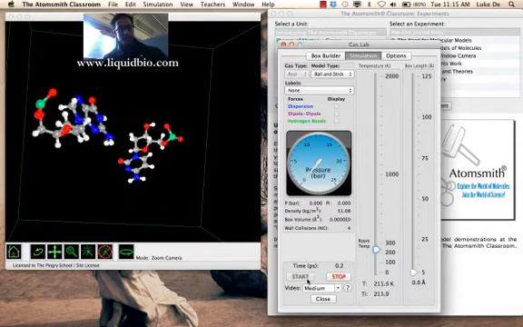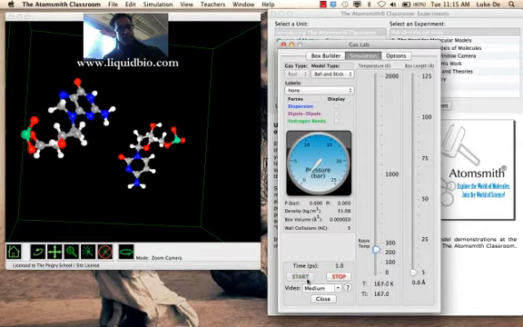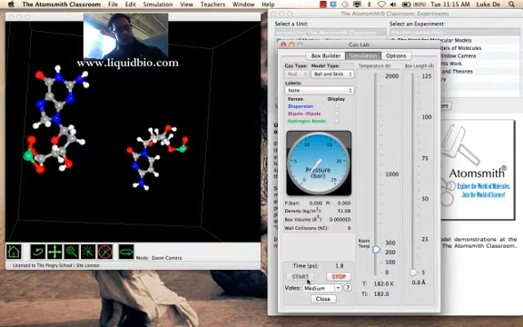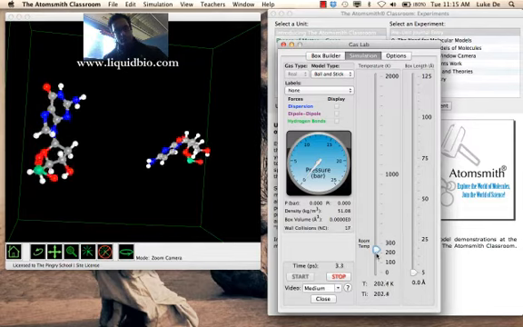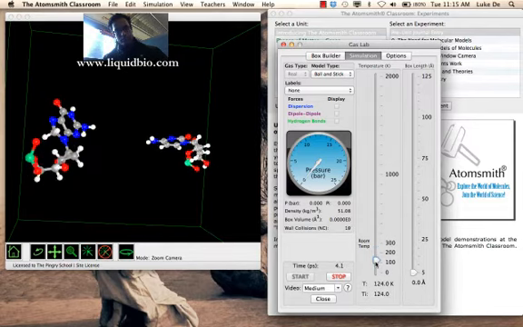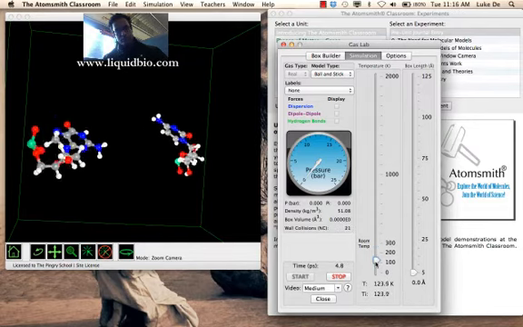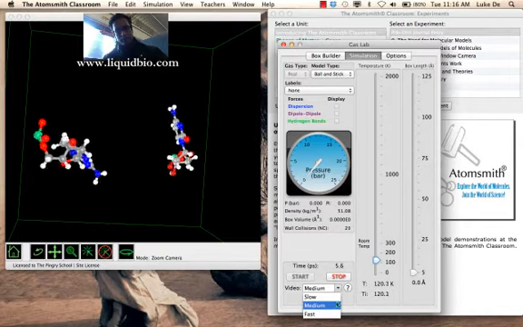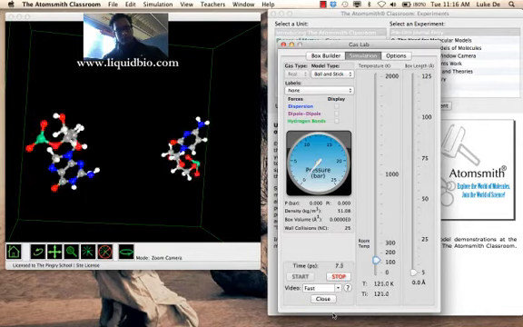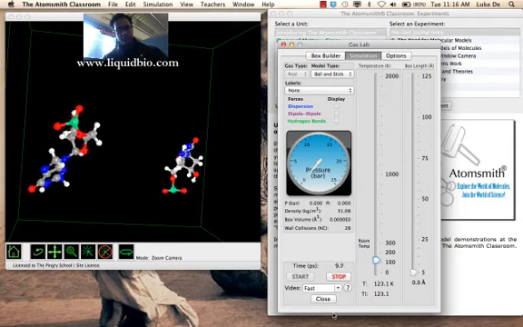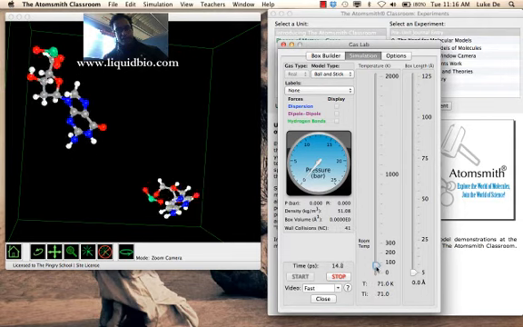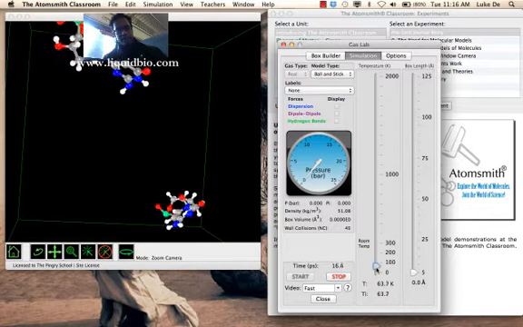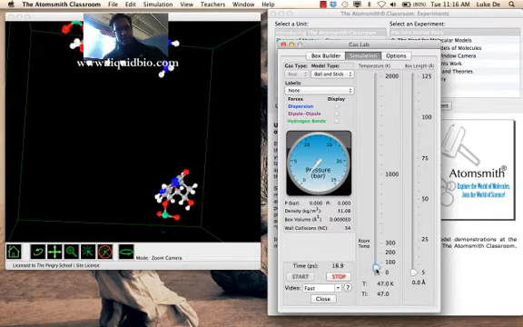I can't put the hydrogen bonds on. Now I don't know if I can get these guys to do it, because it's kind of random when it happens.